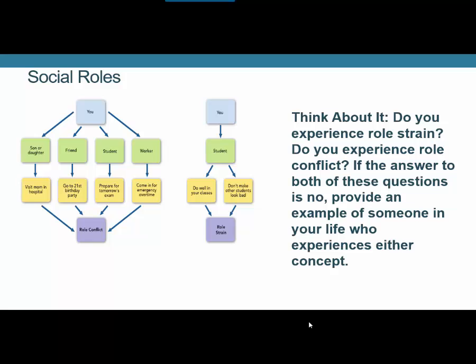And so you see those in the kind of orange yellow boxes. And so it's the idea that you're someone's son or daughter, you're a friend, you're a student, you're a worker. And on this particular day, this particular couple of days, as a good son or daughter, your mom is in the hospital, you should definitely go visit her.